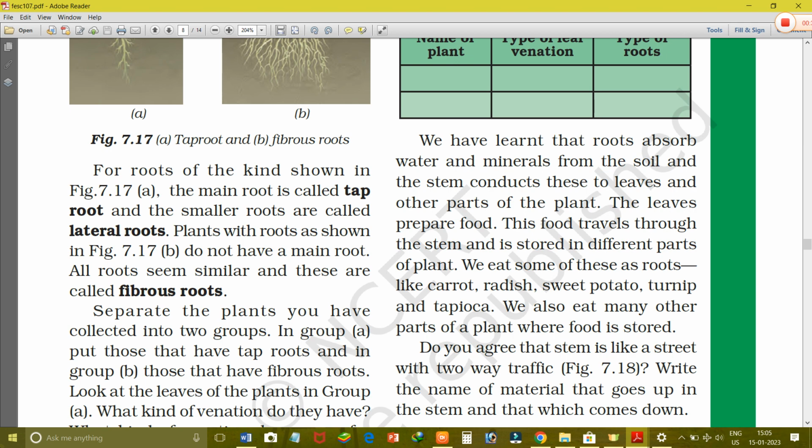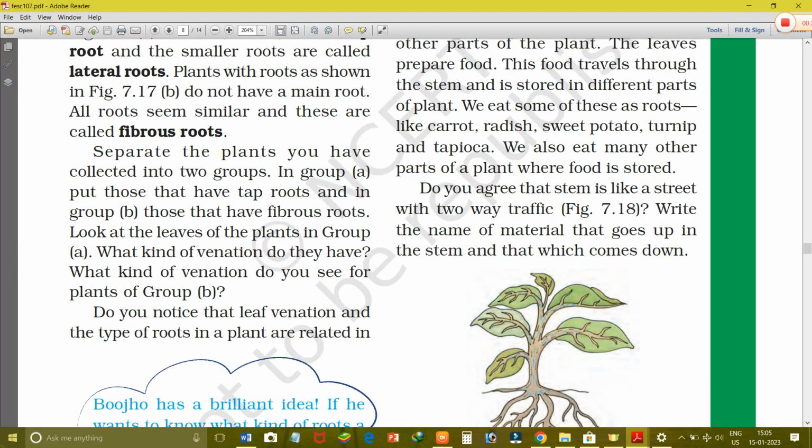All roots seem similar, and these are called fibrous roots. Separate the plants. You have collected two groups. In group A, put those that have taproot, and in group B, those that have fibrous roots.